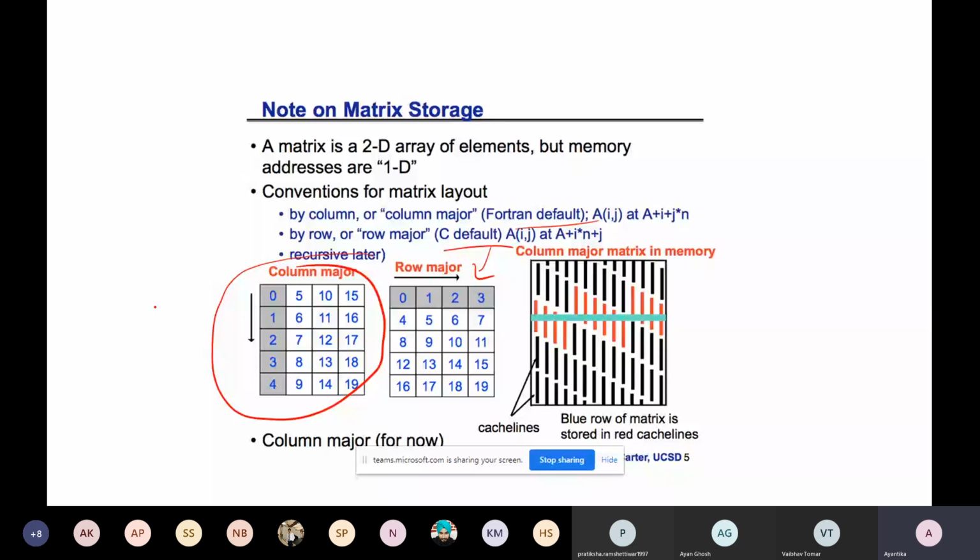So if you are using a platform where column major storage is used for your 2D matrices, and you have written row major related code, then whenever you are fetching your rows, there is a possibility that your chance of cache miss will be high.